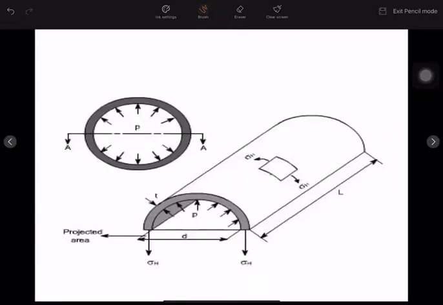Diagrammatically, if we consider a cross section of a cylinder like this, we can see the arrows denoting the internal pressure, which is acting throughout the circumference of the cylinder.